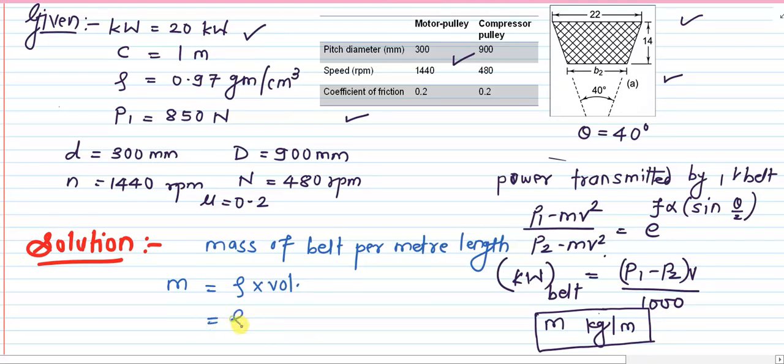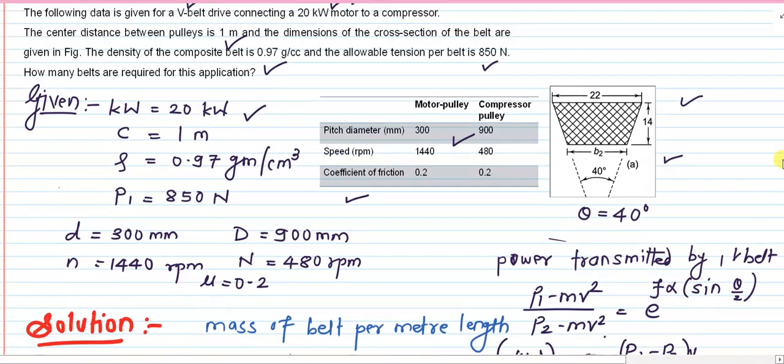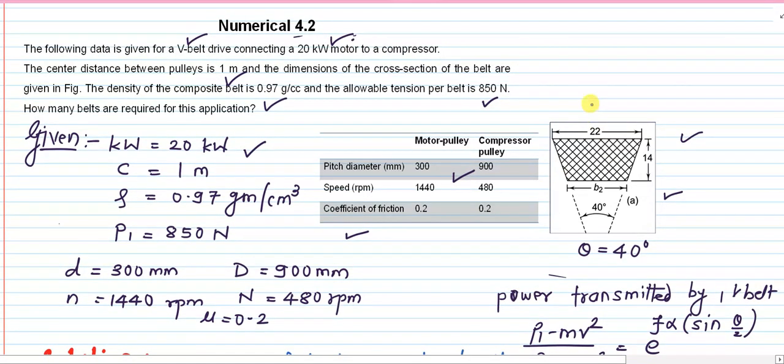And volume of the belt is nothing but the cross-sectional area of that particular belt multiplied by the span or length over which that cross-sectional area has been spread. We have been given this cross-section of the belt, and this cross section does not allow us to calculate, because in this case B2 is the unknown quantity. So first of all we will have to find out what exactly is the magnitude of B2.